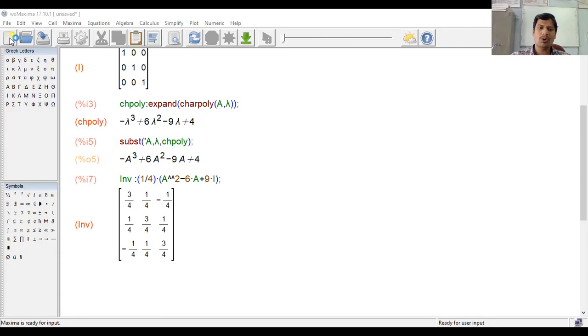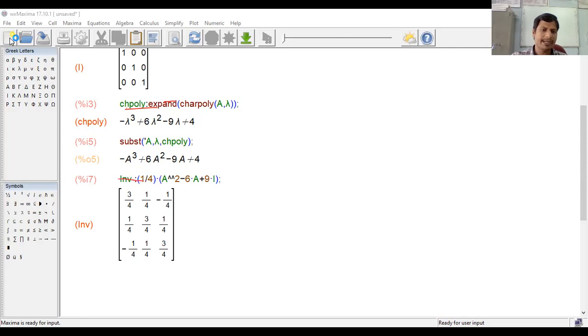After that, go to the second row: open square bracket, 4, 7, minus 1, then square bracket close, then comma. Next, the third one: 4, minus 4, then minus 4, then plus 4. Then you type shift enter. This is your 3 row 3 column matrix.